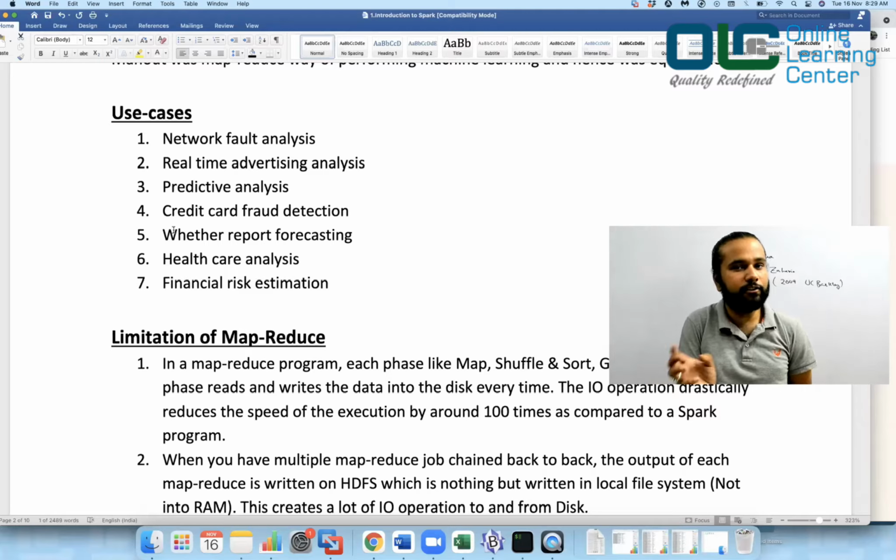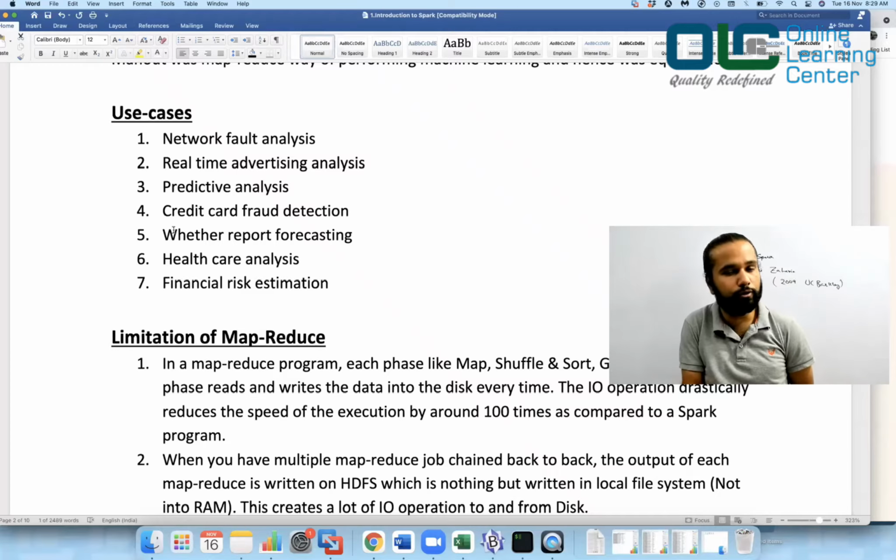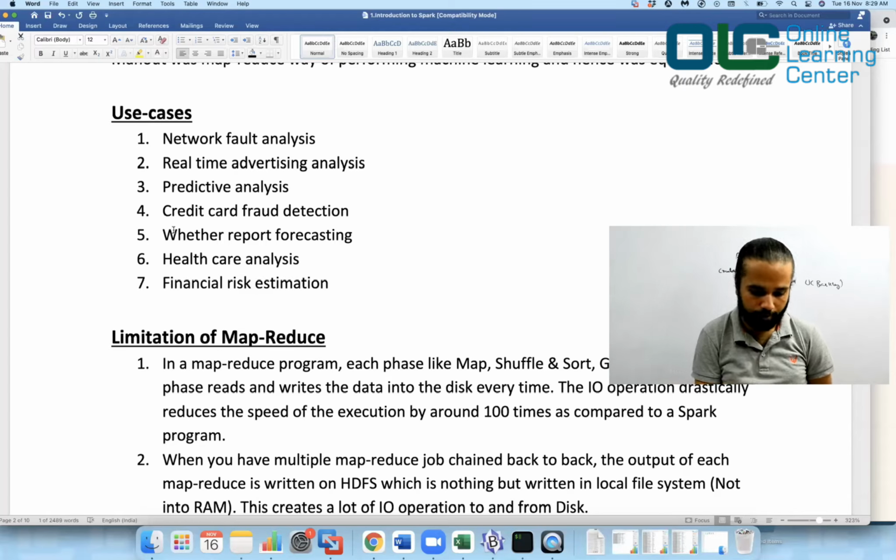Most likely the first transaction may not be prevented, because you don't know what is happening, but the second transaction may be prevented because the first transaction was made in Hyderabad, the second transaction is done in Mumbai or from some other location, so that could potentially be a fraud, right?